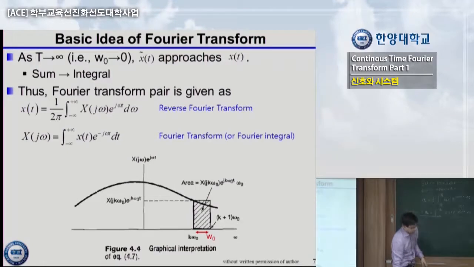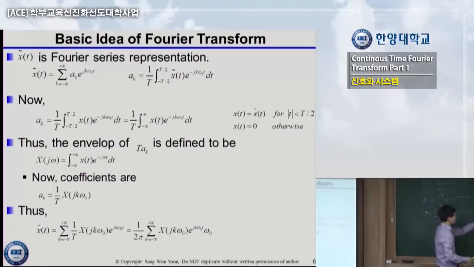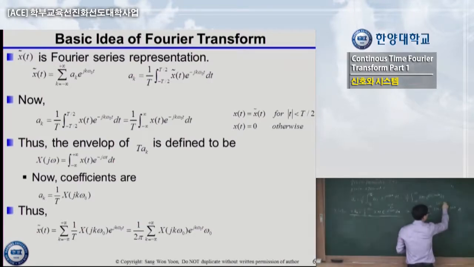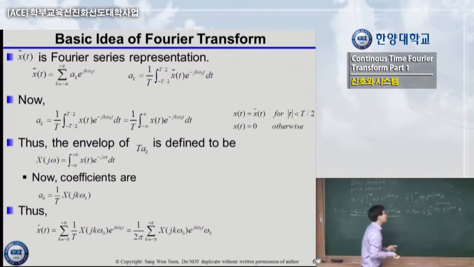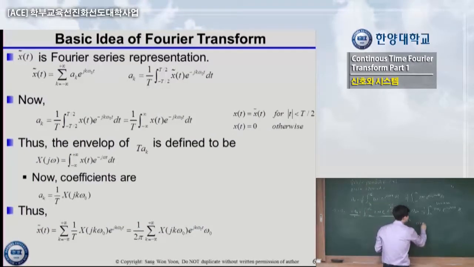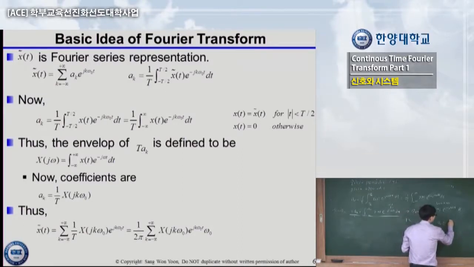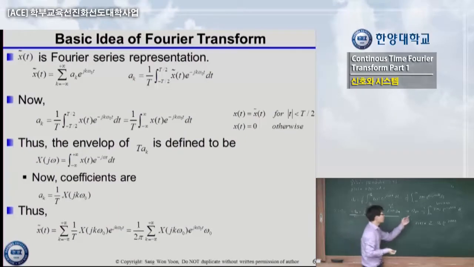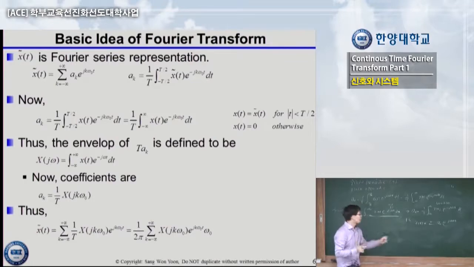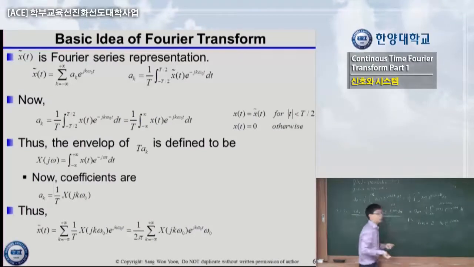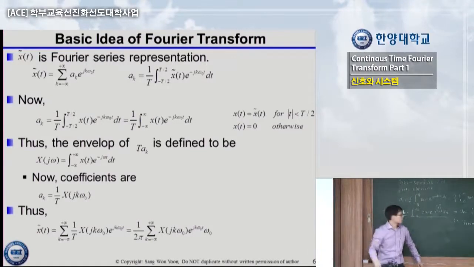Here we can claim that when omega equals k omega 0, if you recall our Fourier series, it looks like sigma a_k exponential j omega 0 k t, right? If you put this here, remember that now this is not x. We defined a periodic signal x tilde, right? So this is x tilde.